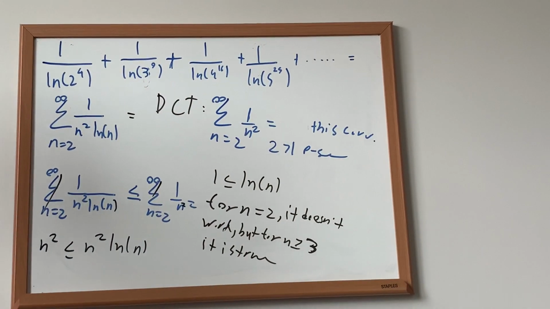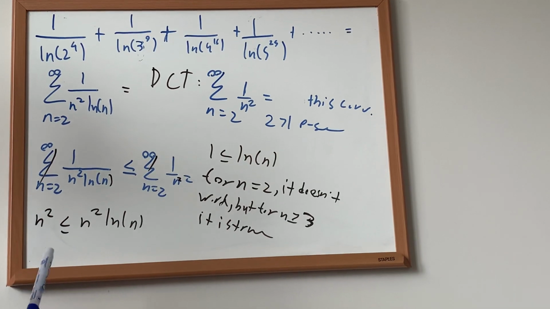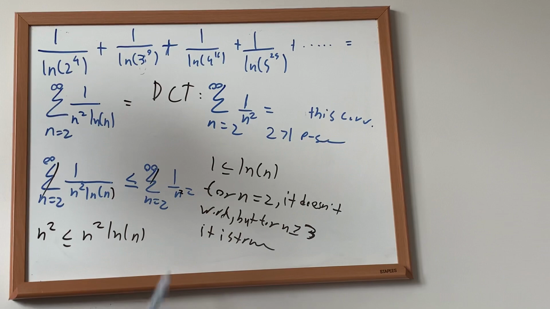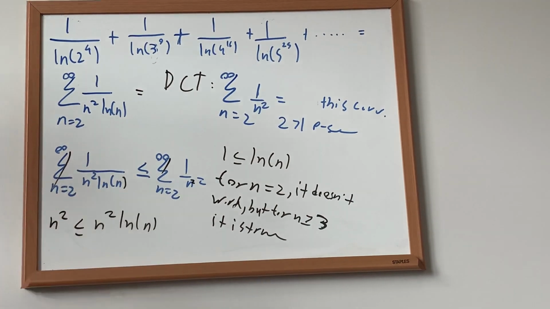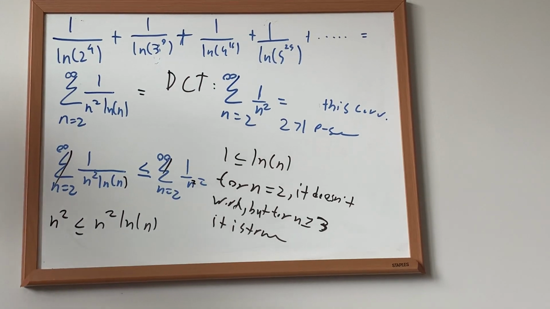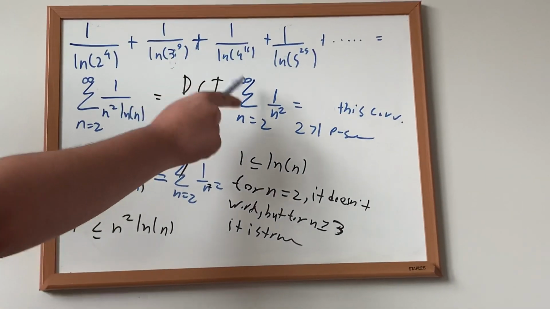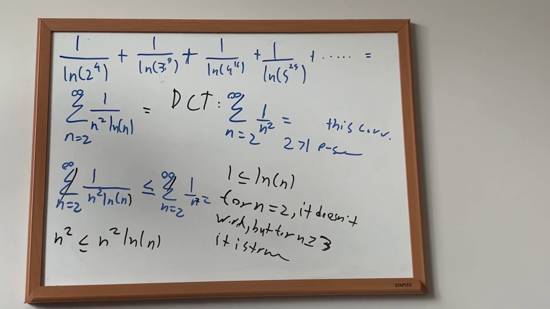So we can make a conclusion that because we found a value of n, greater than or equal to some number, that makes this inequality true, the series from 2 to infinity of 1 over n squared natural log of n also converges, similar to 1 over n squared, by the direct comparison test.